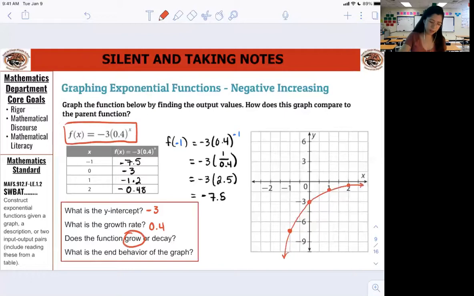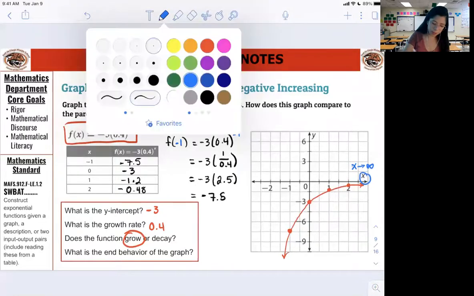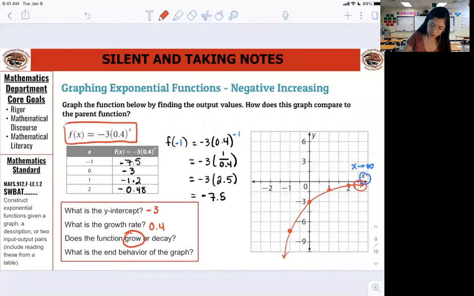And now end behavior. On the right side of things, as x approaches infinity, what's happening to my function? Where's f of x going? Negative infinity or positive infinity? No, 0. Zero. Yeah. It's trying to reach that x-axis, but it's never going to get there.